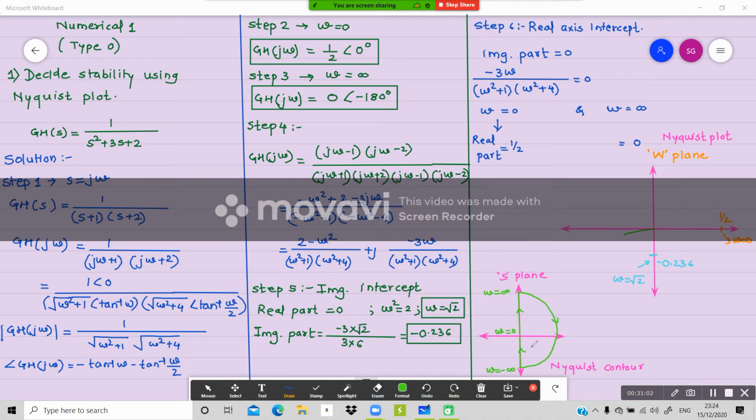Correct? Now in the last lecture we had discussed this thing that 0 to infinity, yes, we are trying to map it. No need to map this part because it will be mirror image of this, and no need to worry for the semicircle also because this thing is getting mapped into just a point at the origin.